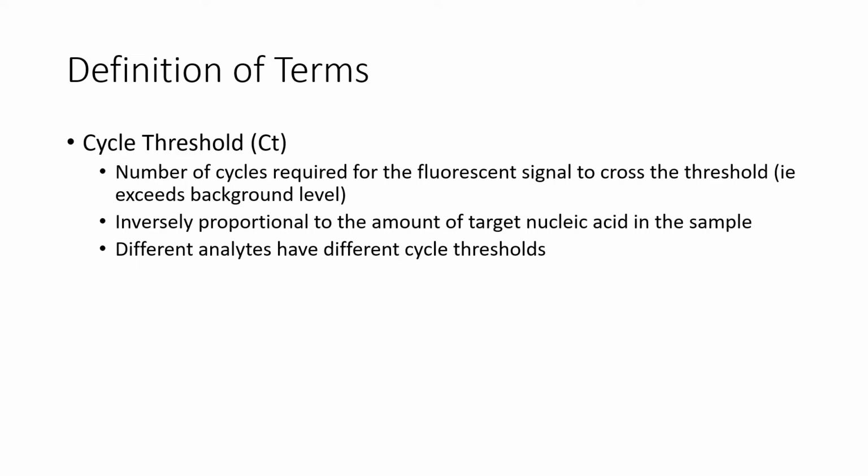It is inversely proportional to the amount of target nucleic acid in the sample. Different analytes have different cycle thresholds. For SARS-CoV-2, usually the CT value is 40.